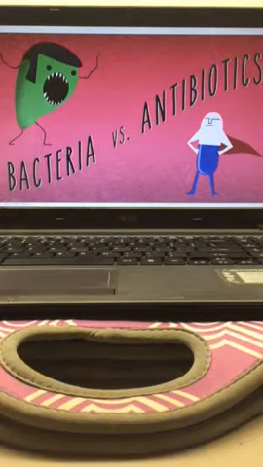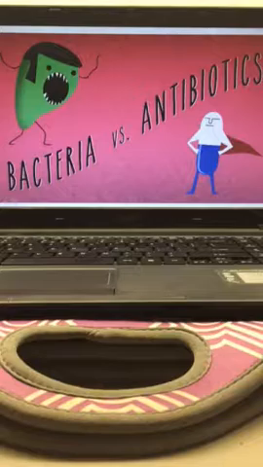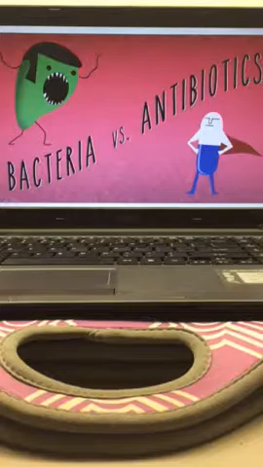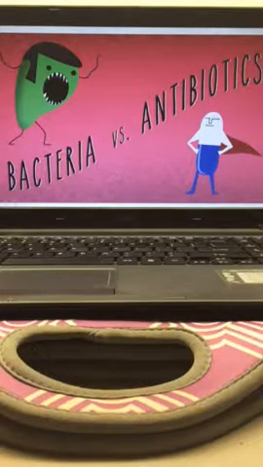Now, how do we prevent all of this from happening? How do we slow down the antibiotic resistance against bacteria and find other ways to prevent this? Well, to limit antibiotic resistance, you have to limit the exposure that bacteria all over the planet have to antibiotics. You can do this in one or two ways.